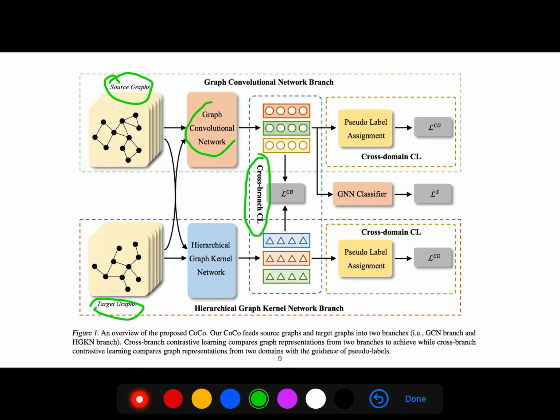You could either use graph convolutional or these graph kernel networks. From both of them, you find the pseudo-label assignment. And also you can have a GNN classifier.